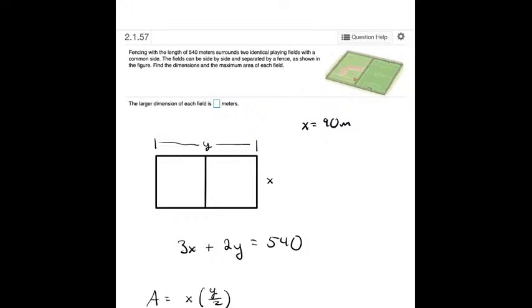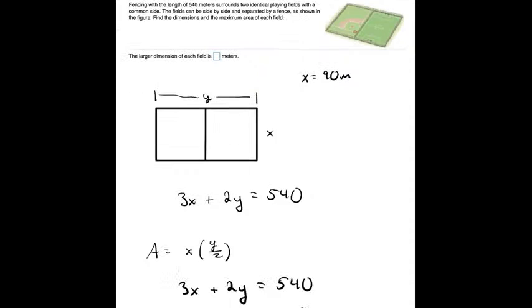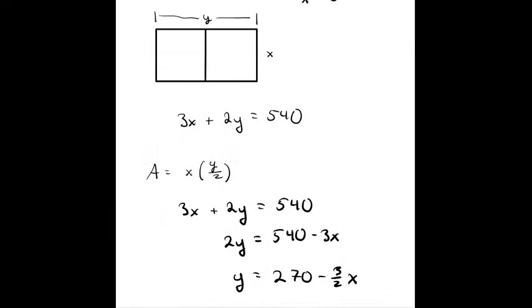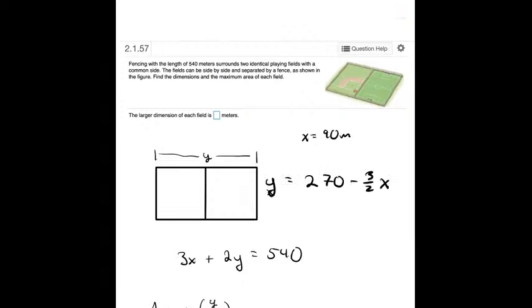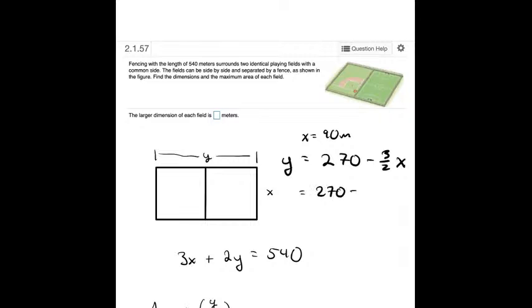And then, so if x is 90, then we can use this guy here to find our y. Let's copy, paste. So then our y should be 270 minus 3/2 times 90.